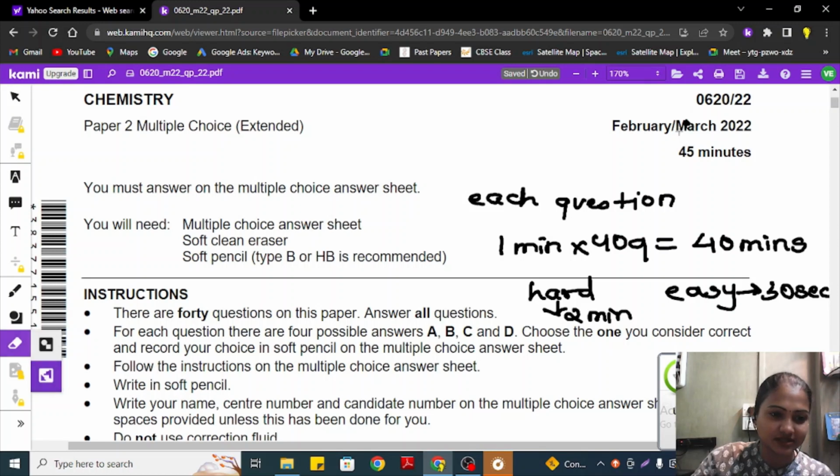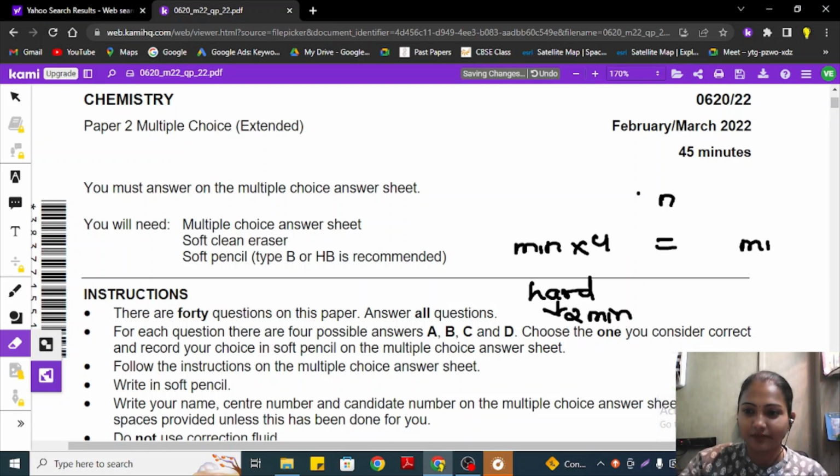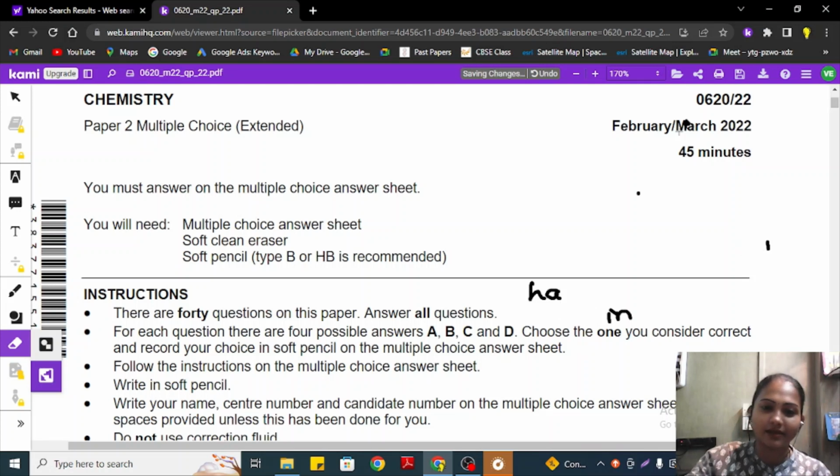I'm just going to erase this annotation, and then we'll proceed with the solving part. In this video we'll be solving the first 20 questions from our paper, and in the next part of the video we'll be solving the other remaining 20 questions.